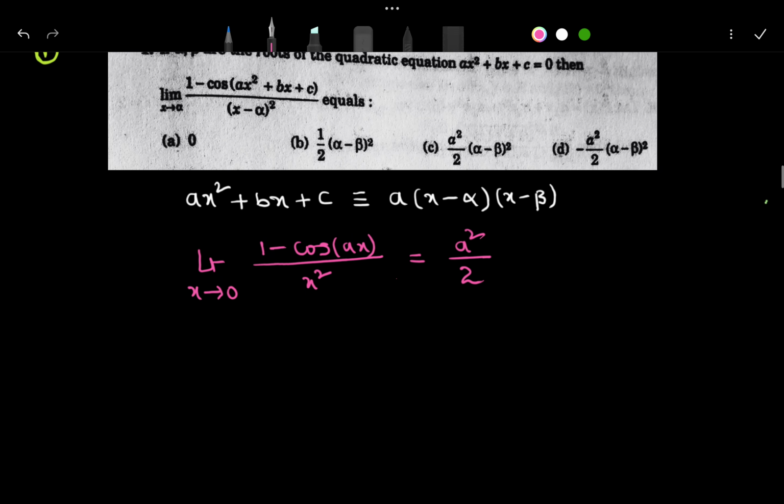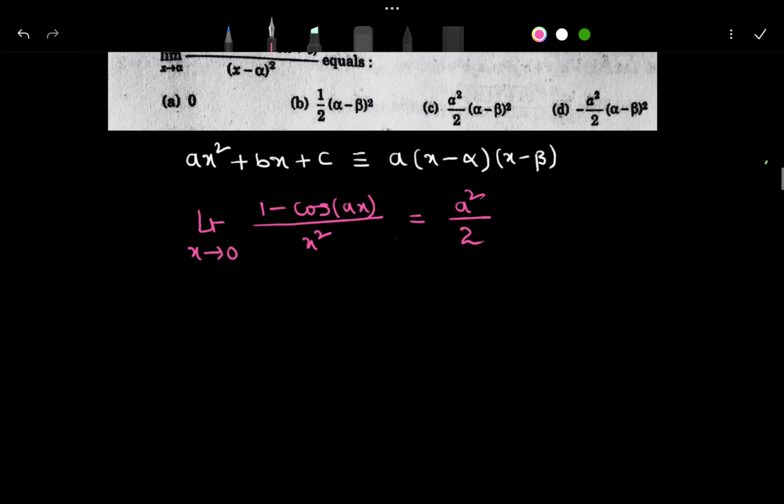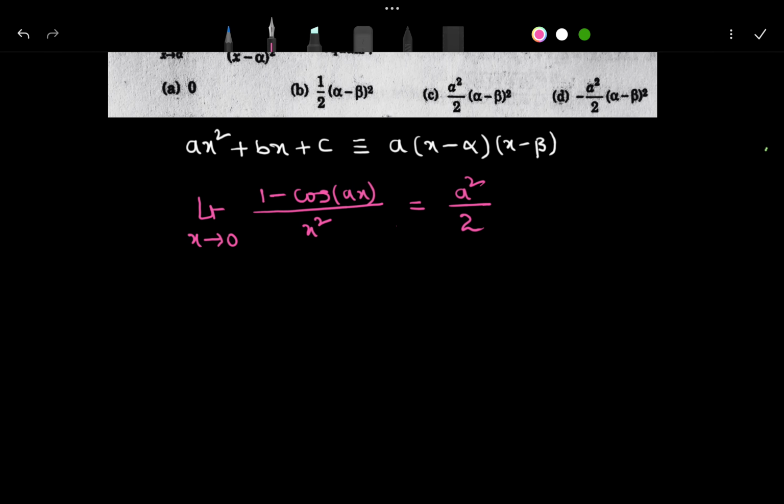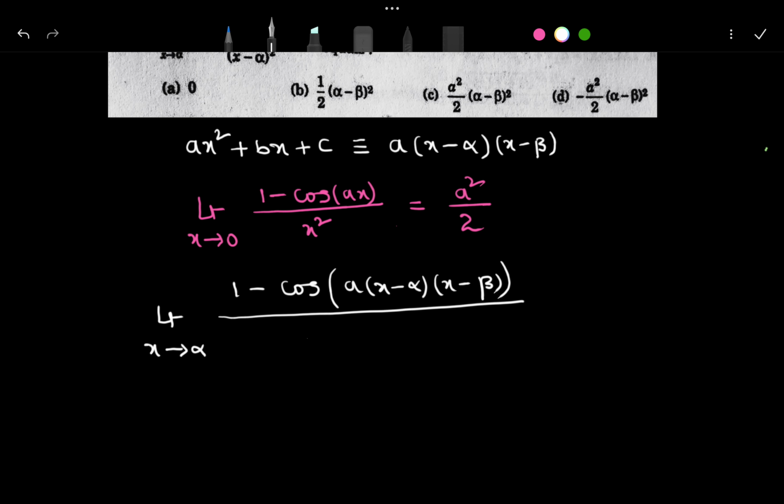Now you replace the ax square plus bx plus c value in the given limit. That will be limit x tending to alpha, 1 minus cos of a into (x minus alpha) into (x minus beta) whole divided by (x minus alpha) whole square, right?